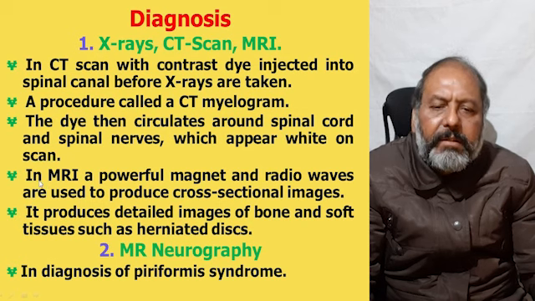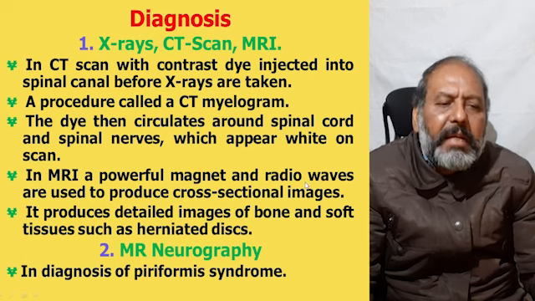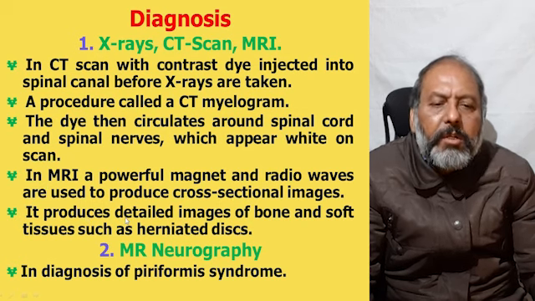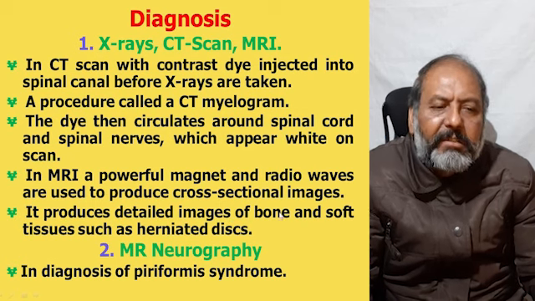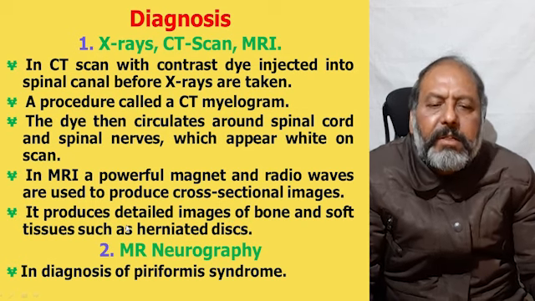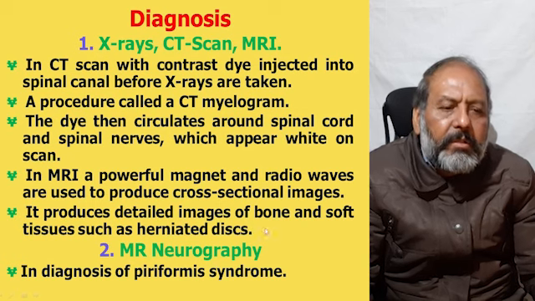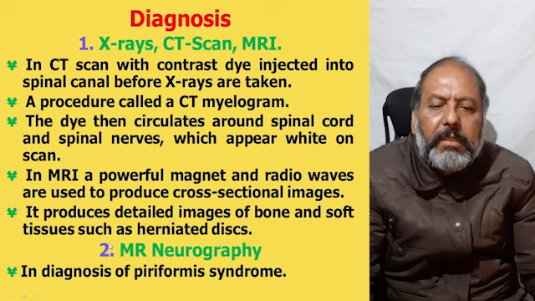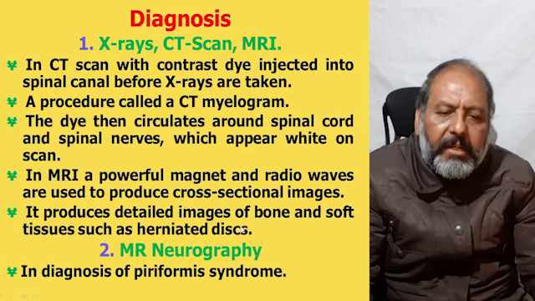In MRI, a powerful magnet and radio waves are used to produce cross-sectional images of the area, and it produces detailed images of the bone and soft tissue such as the herniated disc responsible for sciatica.